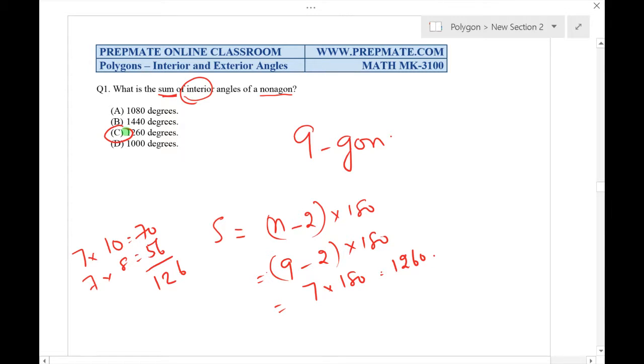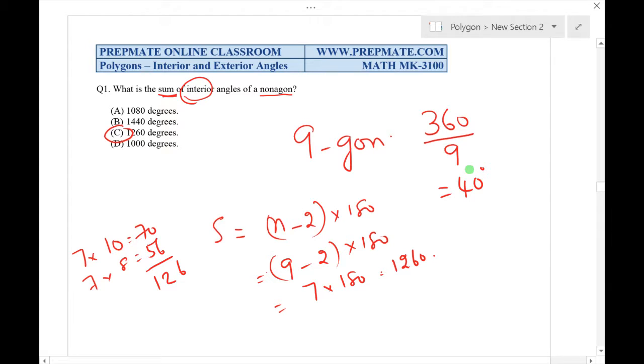What are the other ways of doing this? Here is the second way of doing this. We know that a 9-sided polygon will have 9 exterior angles. And we also know that the sum of all the exterior angles is 360. And so when you divide this by 9, each of the exterior angles will measure 40 degrees.